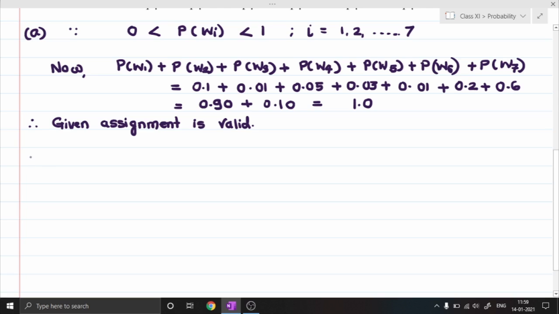First of all, since each and every outcome is given 1 upon 7, the value of every assignment lies between 0 and 1. Here P of Wi lies between 0 and 1, where the value of i will be 1, 2, and so on till 7. Now we shall check the sum of all assignments.